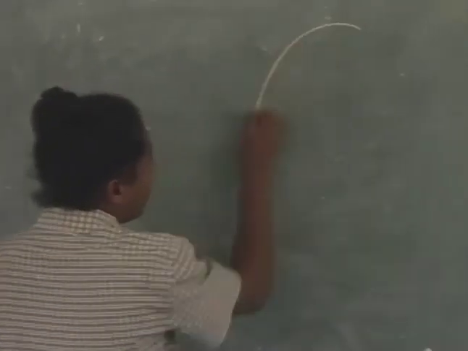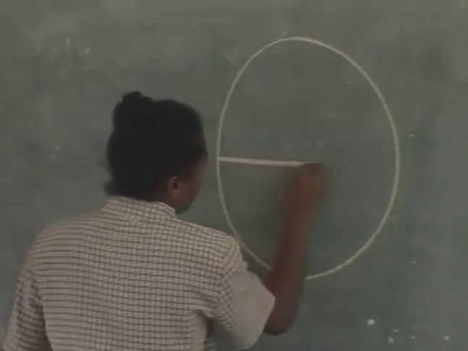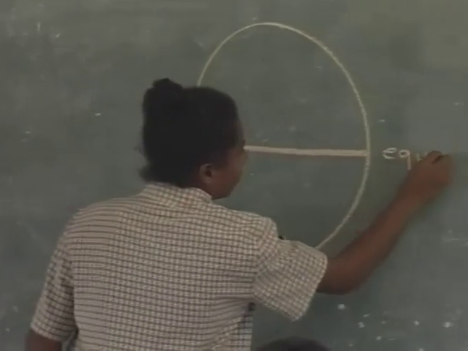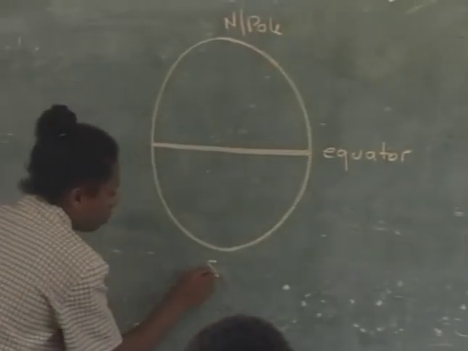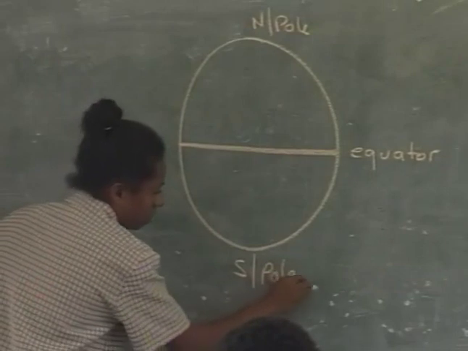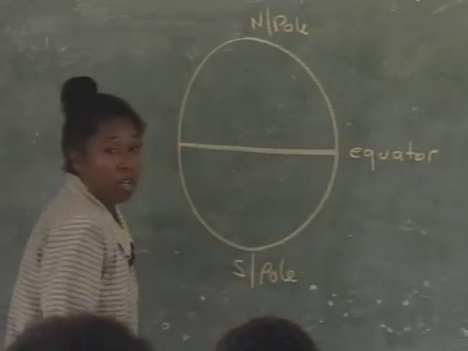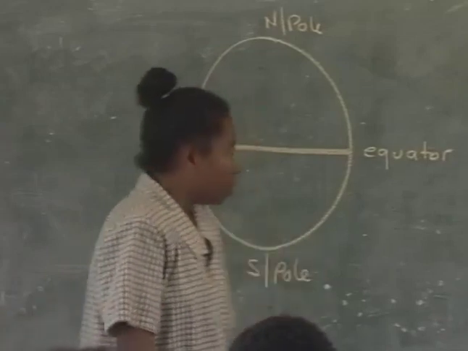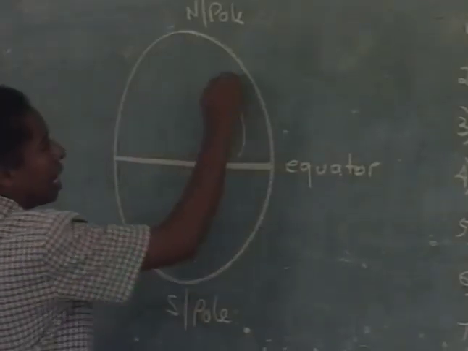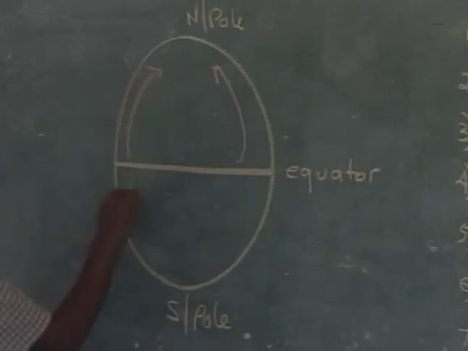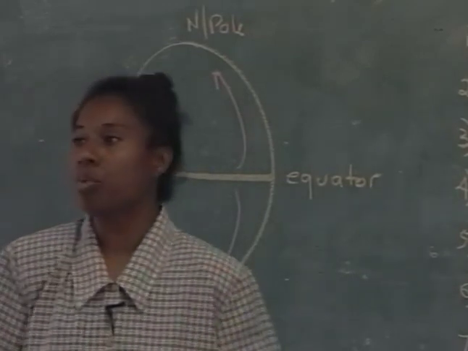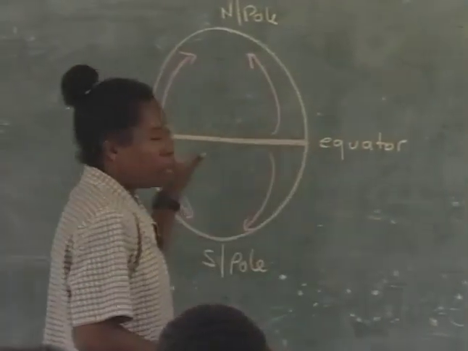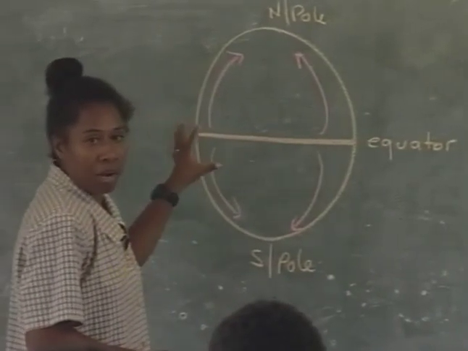One of the basic rules that we need to remember when we are looking at ocean currents is, if we have the equator, the North Pole, and the South Pole, we'll tend to find that warm currents are those that flow from the equator towards the poles, simply because around the equator, the temperatures are warmer or hotter.